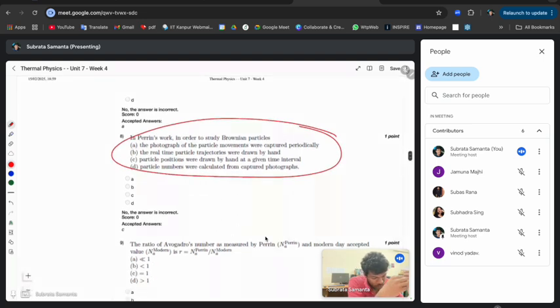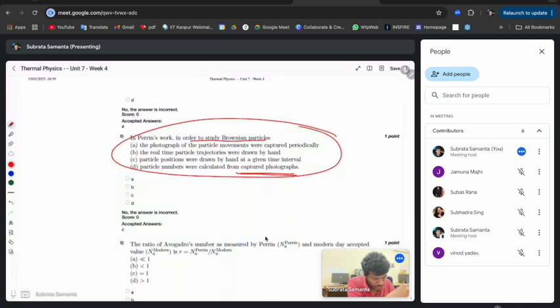In Perrin's work, in order to study the Brownian particle, photographs of the particle movement were captured periodically, the real-time particle trajectories were drawn by hand, the particle positions were drawn by hand at a given time interval, and the particle number was calculated from the captured photographs. This is just a statement. If you look into the class notes, you already answered these questions, so there are no calculations.